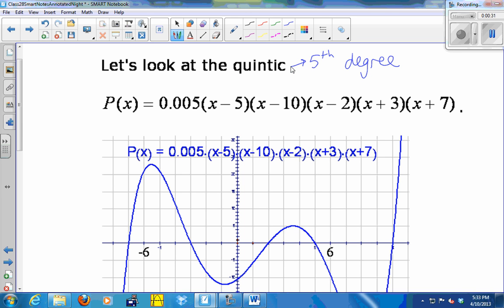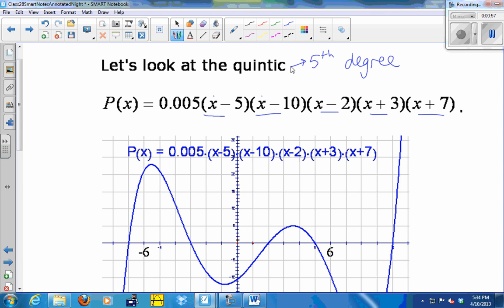So how do I know that it's a 5th degree? How do I know that the highest power of x would be a 5? There's 5 factors here. So if I multiply them all together, without having to actually do the entire multiplication, which would take forever, I can tell what would happen because each of them has an x.